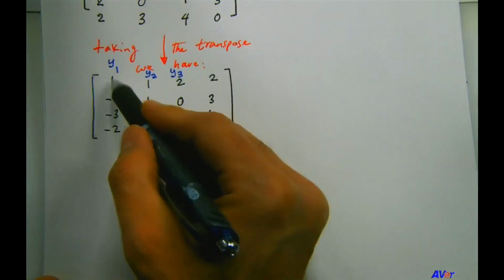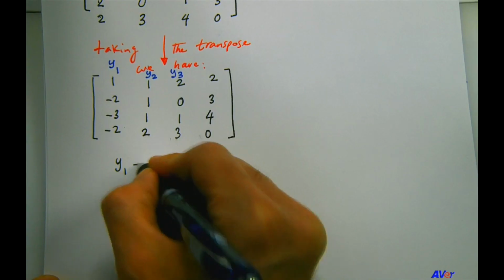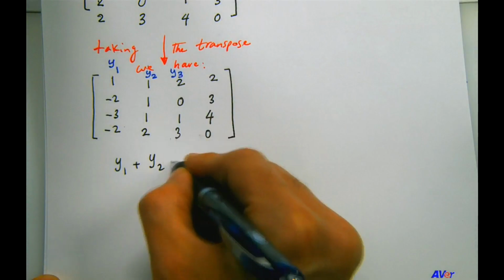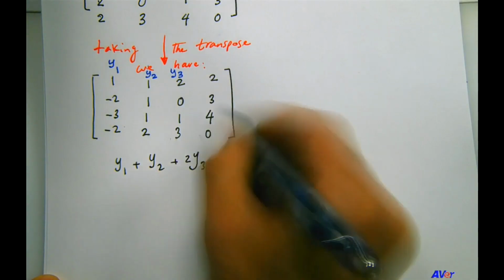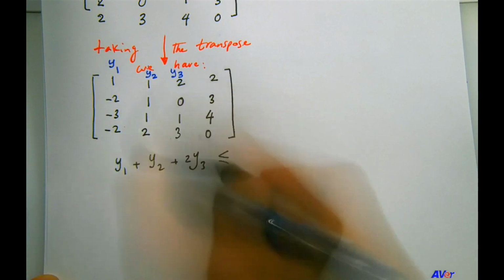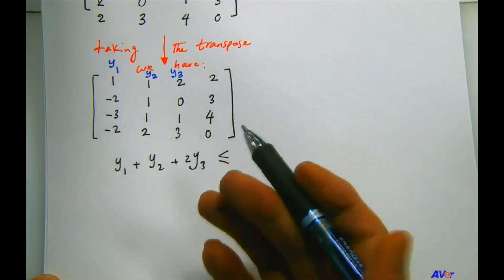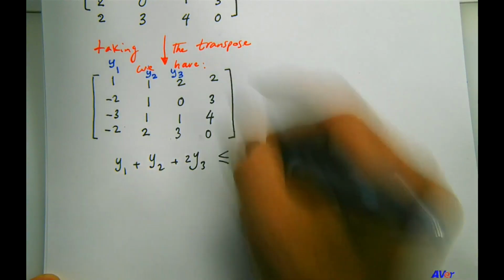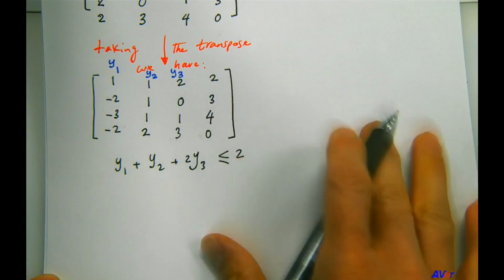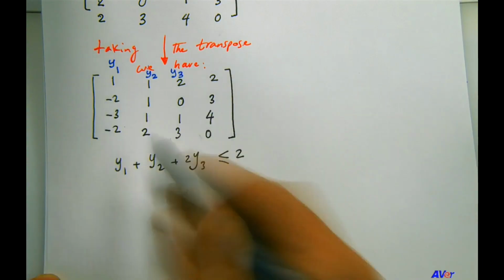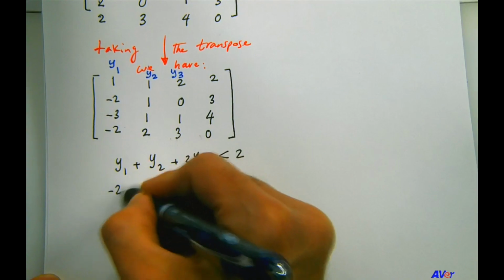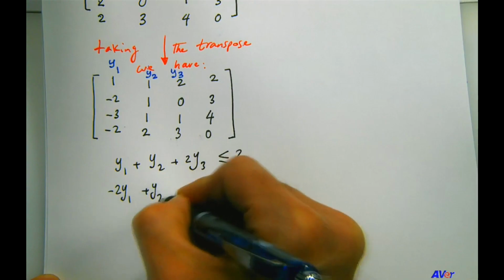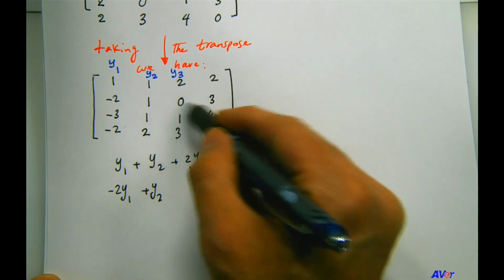So let's write that down. We have 1y1, which is y1, plus y2, plus 2y3, I'm looking at that, less than or equal to, right? Because the dual problem is a maximum problem, which is equivalent to the original minimum problem. So less than or equal to 2. Okay, so the second row, let's write those coefficients. So minus 2y1 plus y2. Is there going to be a y3 in that inequality?